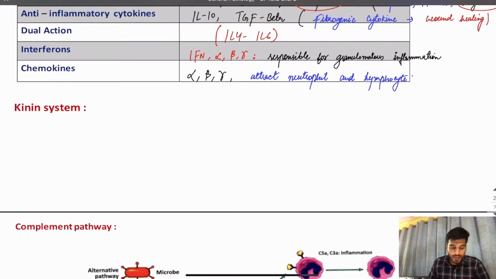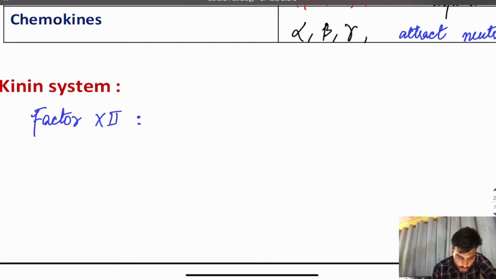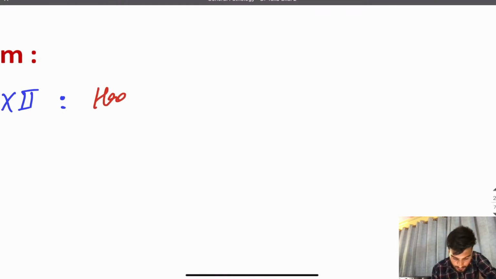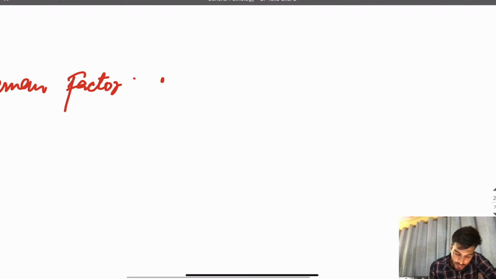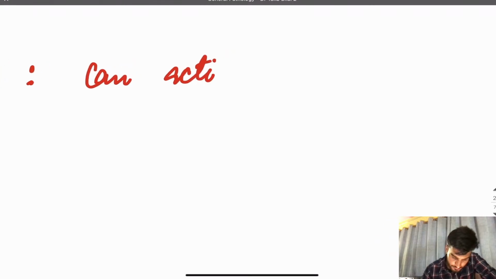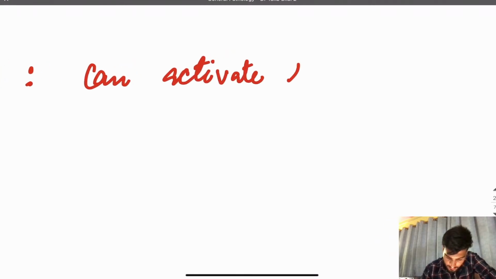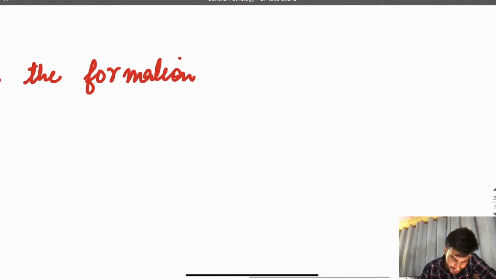Okay, then guys, in the kinin system, remember, write it down, factor 12, which is also called Hageman factor. It can activate the coagulation cascade.